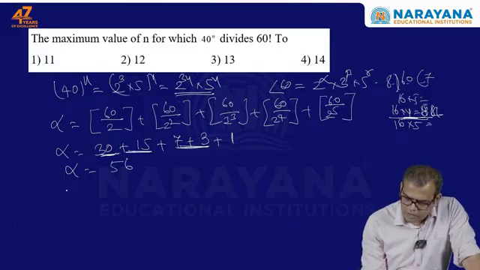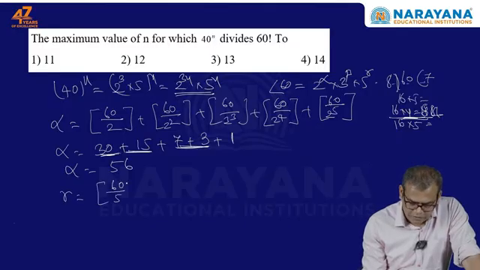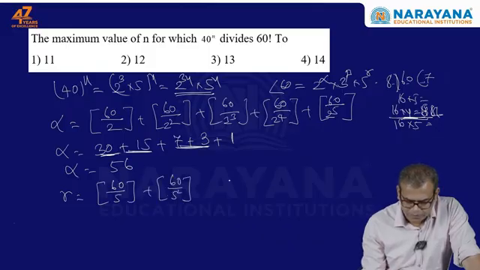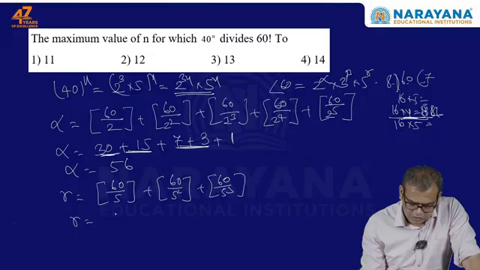Now write the exponent of 5, meaning the value of gamma is 16 by 5 plus 16 by 5 square, 16 by 5 cube, whichever is larger than the number. So the gamma value is 12 plus here is 25, so 25, 1 is 13 will come.